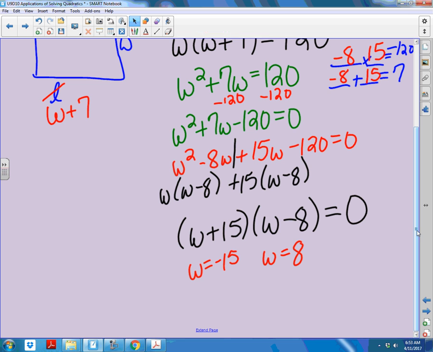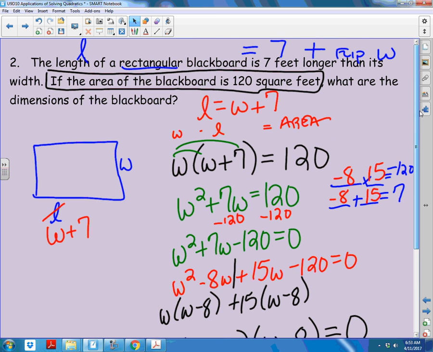Now remember again, no negative values. Therefore, the width of our rectangle is 8 feet. So we know, because we solved for W, that the width is 8 feet.